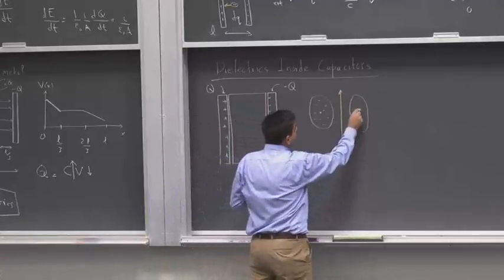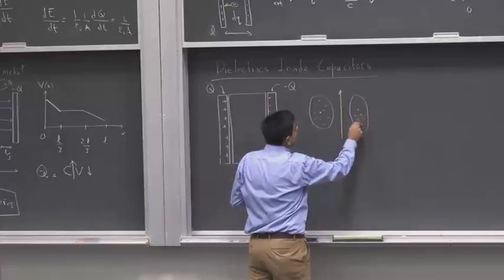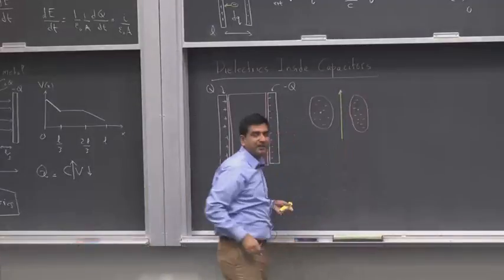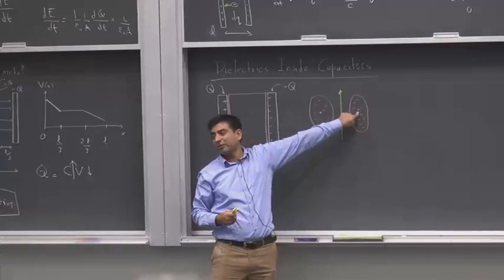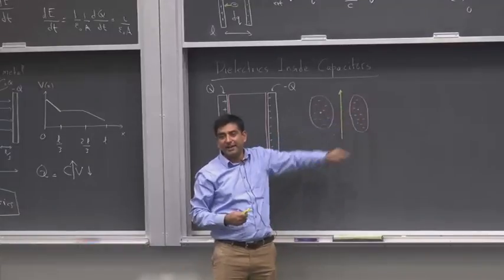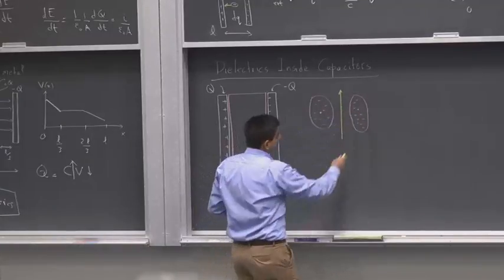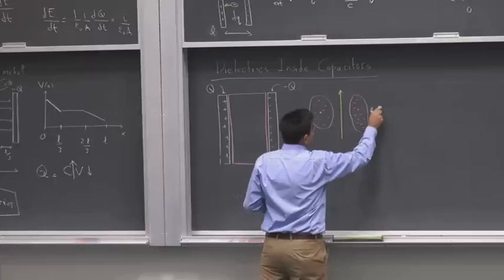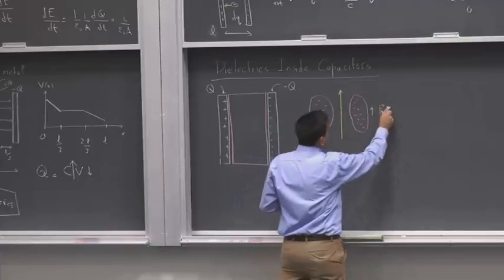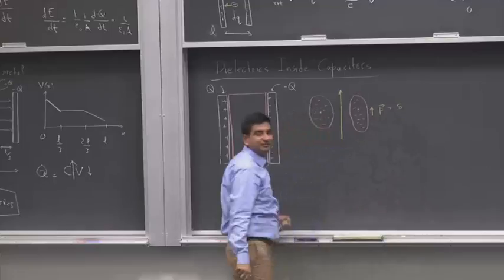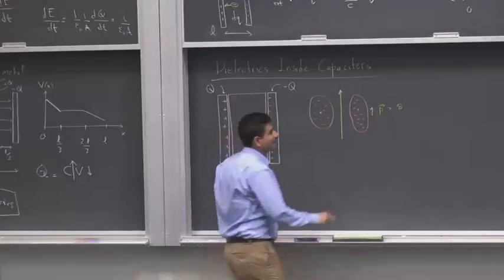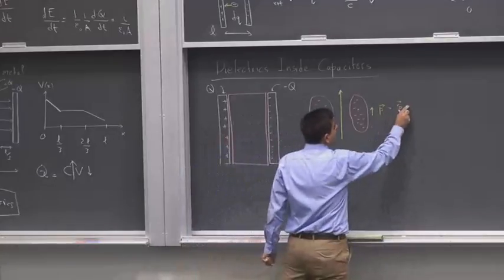The positive charge remains there, but the electronic cloud has slightly shifted, which means that the center of gravity of the negative charge does not coincide any longer with the positive charge. Hence, a dipole is going to be set up, small p. That small p is going to be equal to the separation, delta, and the charge Q.